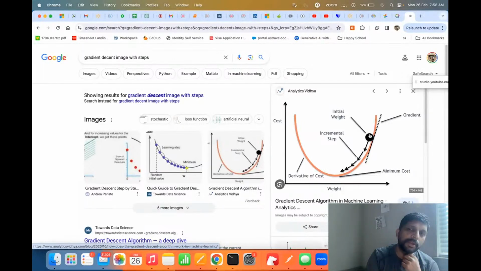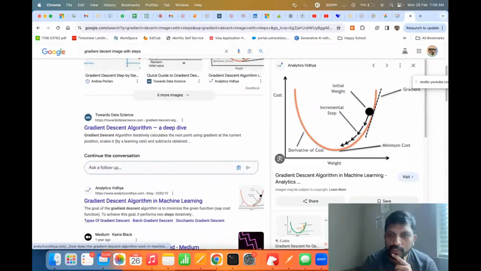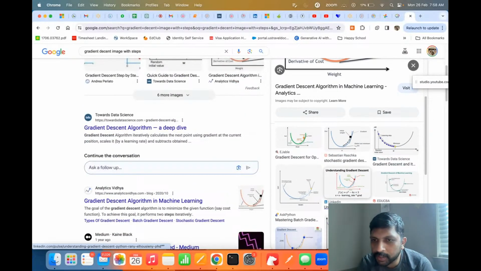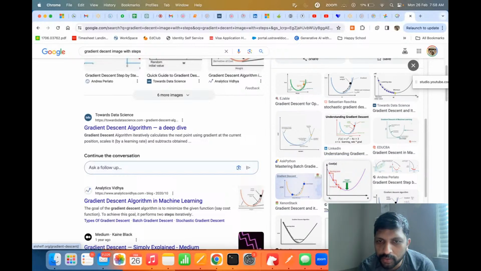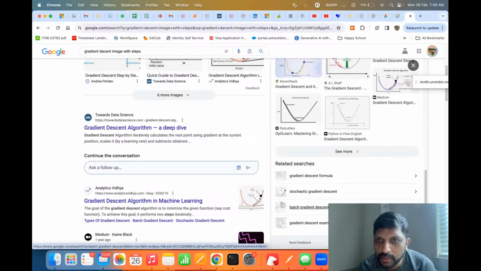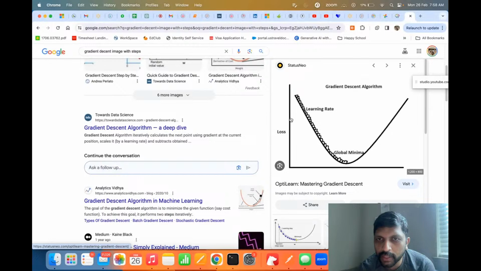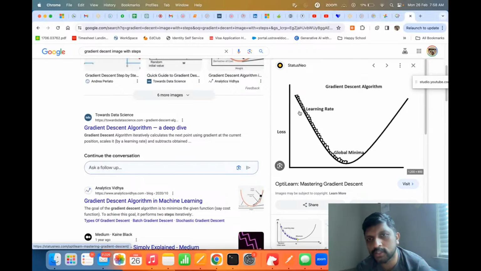Let's say we picked w1 w2 here, and then it picked up the slope, and then we pick the next step, and we keep going until we reach this, right? I think it will also explain the impact of picking a small alpha versus a huge alpha. If your learning rate is too small, you're doing steps like this, so many, and it takes a lot of time.